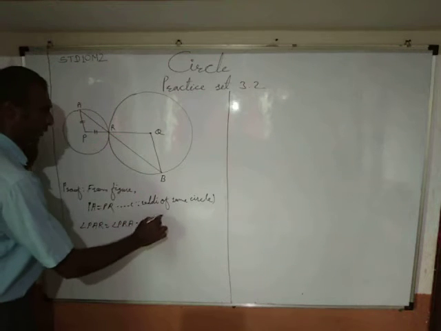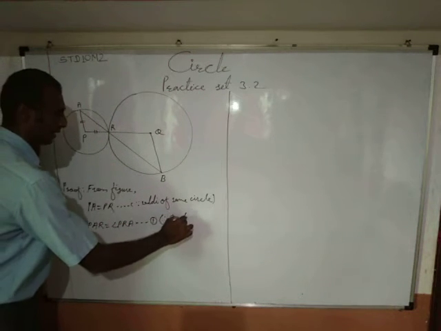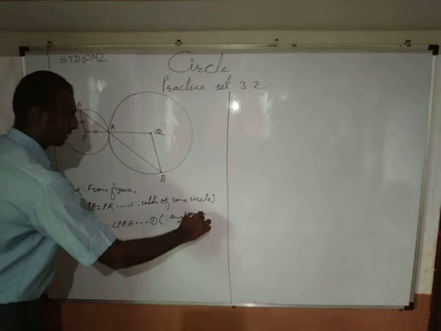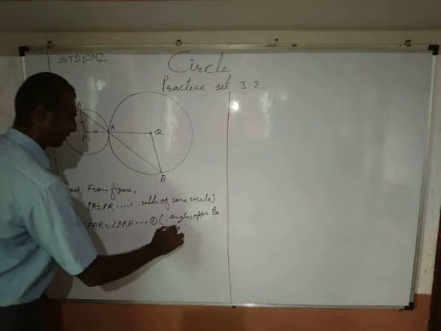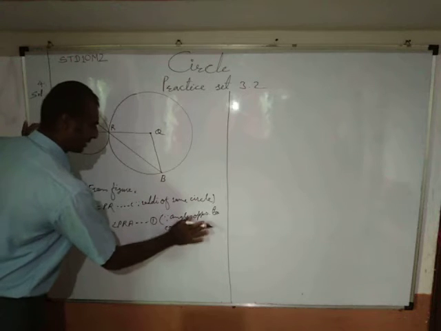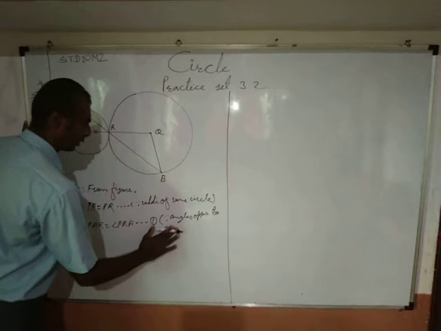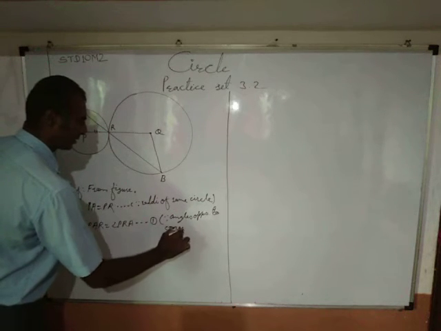Let's call it equation 1, since angles opposite to congruent sides.